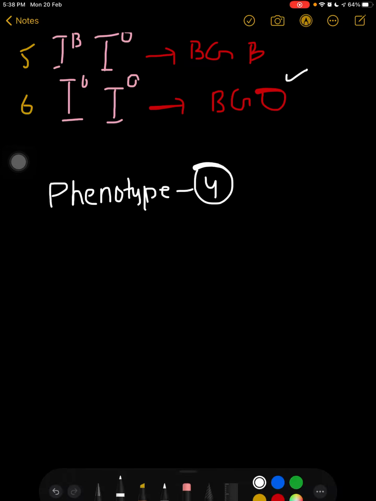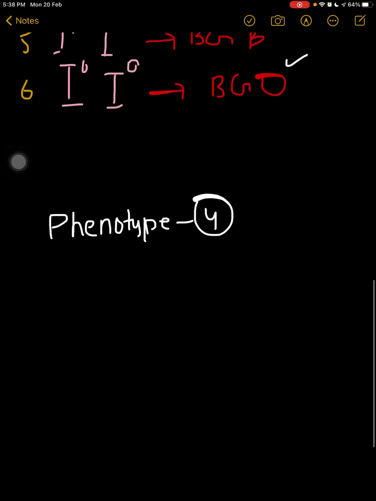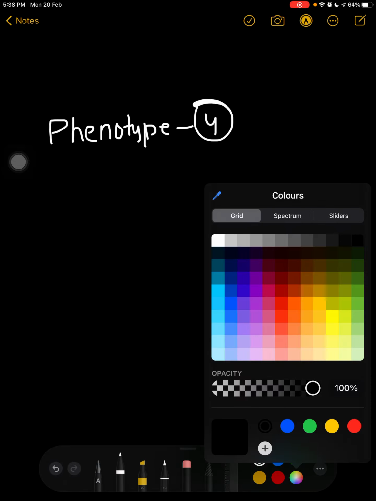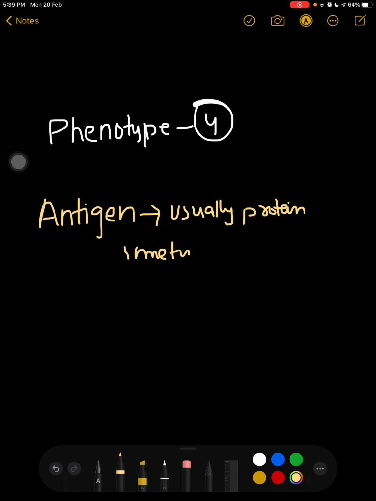Now let's talk about antigens. What are antigens? Antigens are usually proteins, or sometimes carbohydrates too. Antigens are present on the surface of the RBC. This is the RBC, and on the surface we have this antigen, right? Basically, we have three types of antigen.